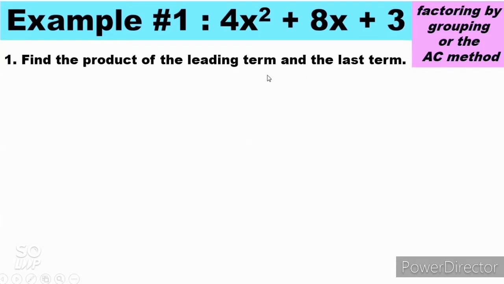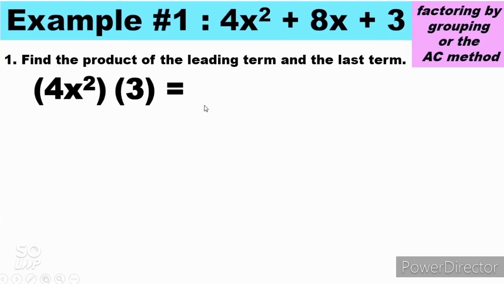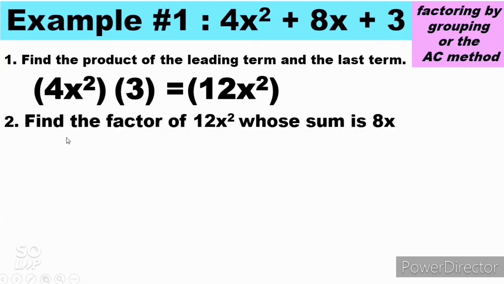So, ita-times natin yung leading term at saka yung last term, yung 4x squared at saka yung 3. 4x squared, leading term siya kasi siya yung may pinakamataas na exponent. So, 4x squared times 3 equals 12x squared.